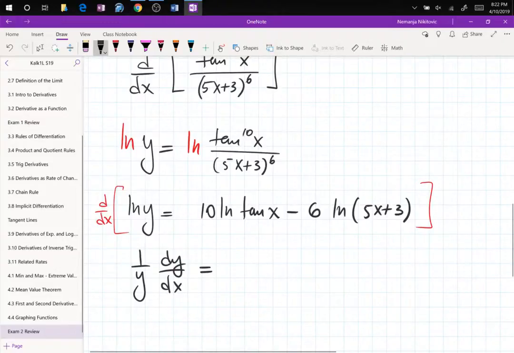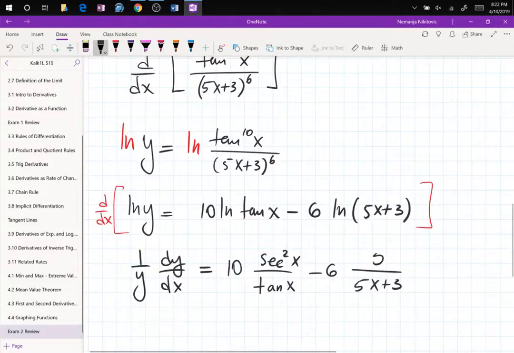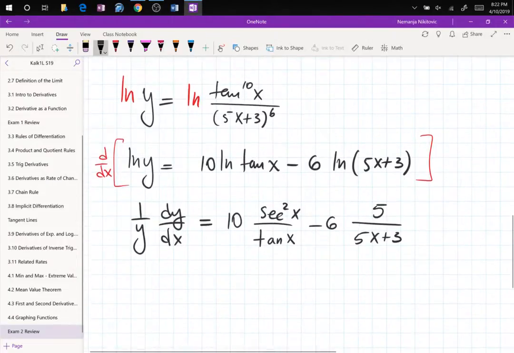Now, going forward, differentiating each one of these is a joke because you copy the constant, you put the argument of ln as a function in denominator, and then its derivative on top. Derivative of tangent is secant squared x. Very good. Now I have minus 6, and I put 5x plus 3 in denominator, and its derivative upstairs, right?